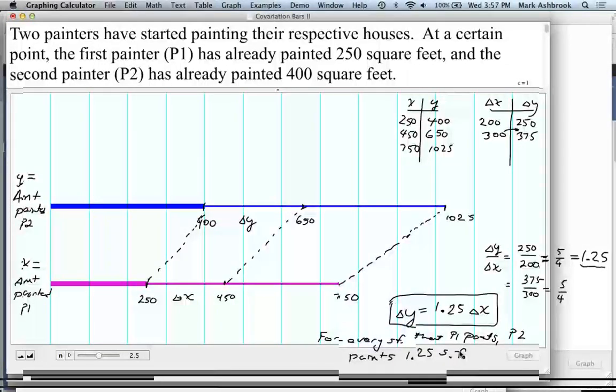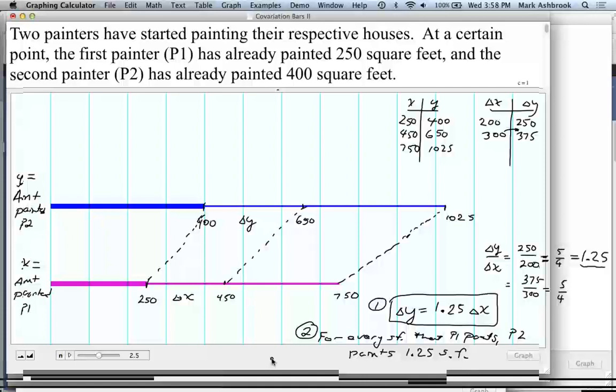So painter 2 paints 1.25 square feet. So times as much, that's the first one. Whatever additional amount that painter 1 paints, painter 2 paints 1.25 times as much. This one, now you're saying that for every 1 square foot, painter 2 is going to paint 1.25 square feet. Okay, was there a different one you had at this table?